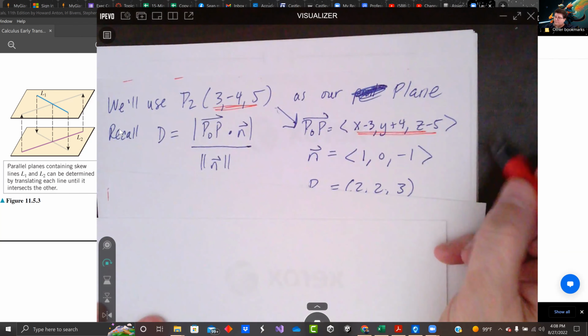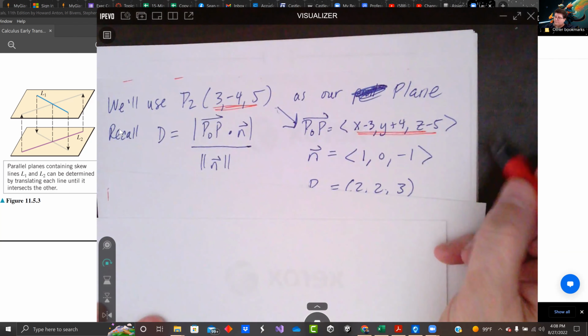So when we dot P naught P with N, that's our equation. And if we simplify it out, x minus 3 and z plus 5, we gather like terms, and I get x minus z plus 2 equals 0. This part on the left is our top part, D.